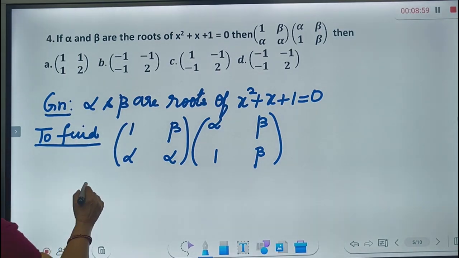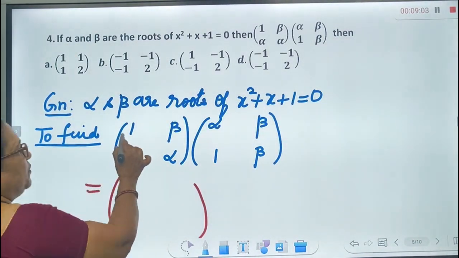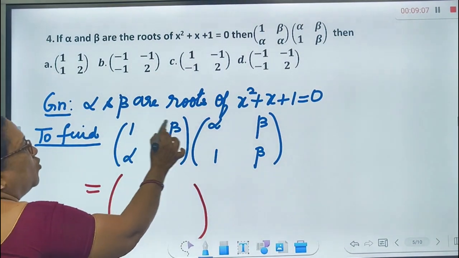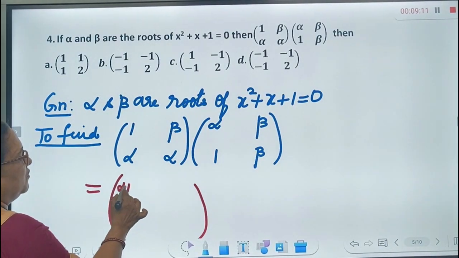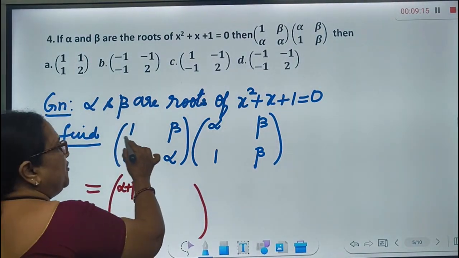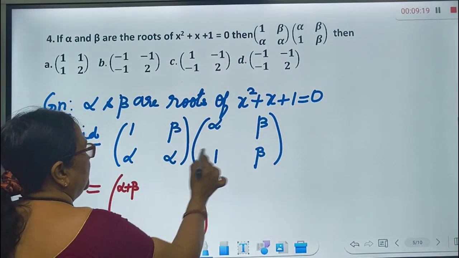So first let me multiply this. How will you multiply? The first element will be first row of the first one with the first column. So 1 into alpha plus 1 into beta, which is alpha plus beta. This element will be first row, second column, 1 into beta plus beta into beta.